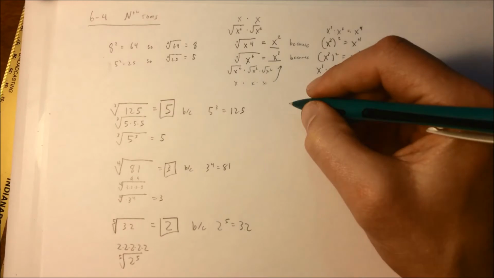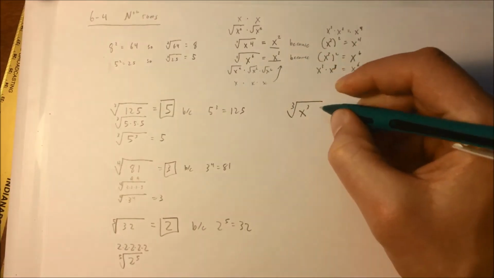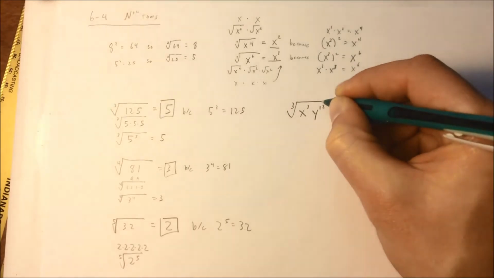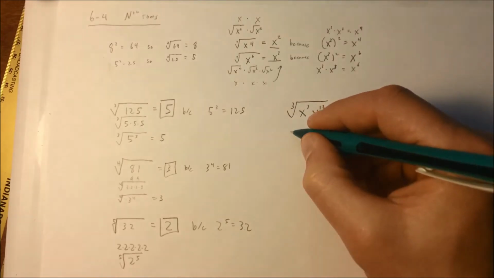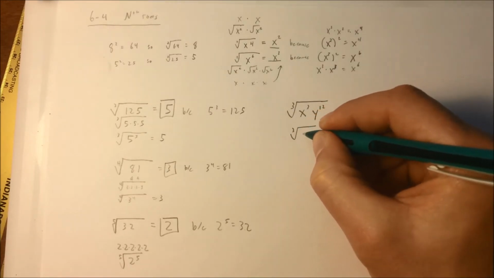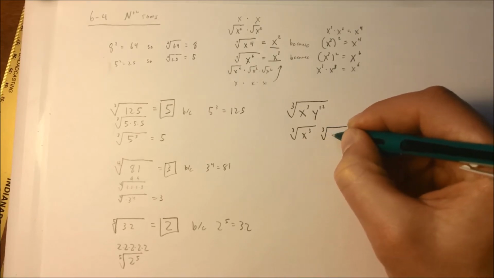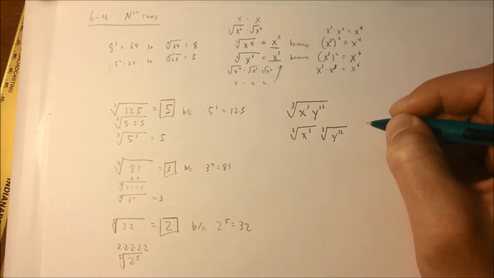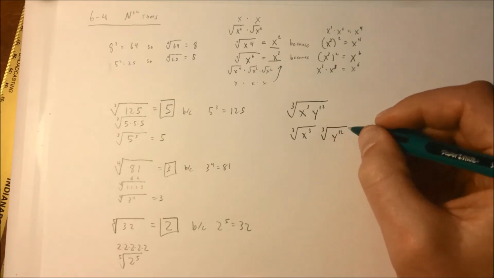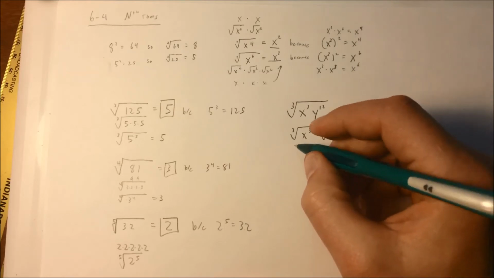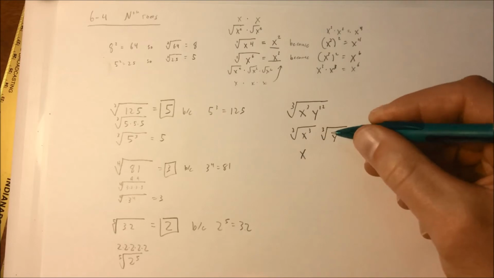Switching up a little bit, what if I said take the third root of x cubed y to the 12th? Well, I can break this up into the cubic root of x cubed and the cubic root of y to the 12th. This one obviously is just going to give me x.